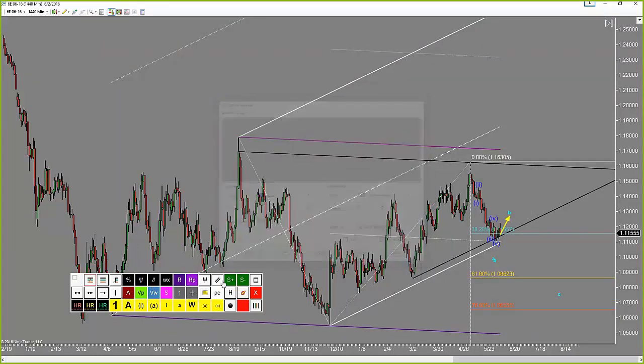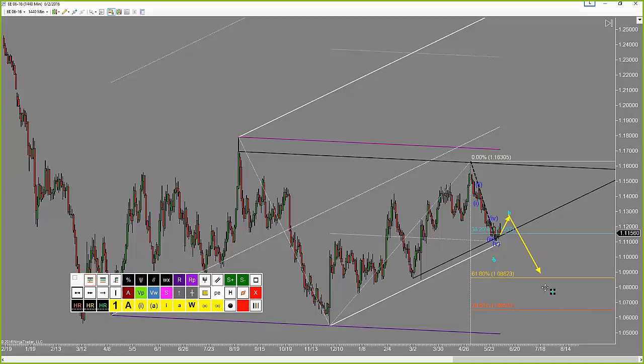And then come back down in a C wave, which should have much less momentum. Well, generally it may not, but generally it would have less momentum than what we've just seen over the past few weeks in the euro.